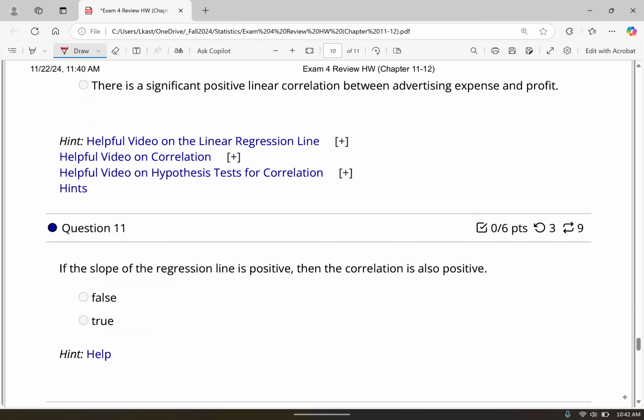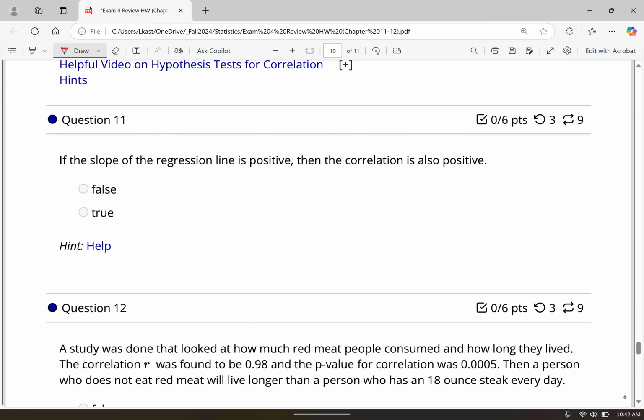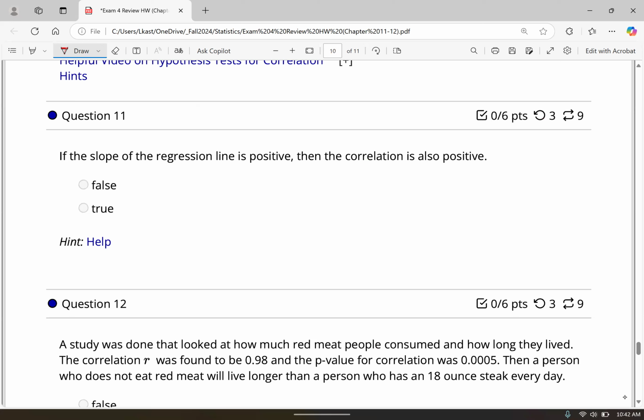So problem 11. If the slope of the regression line is positive, then the correlation is also positive. Slope and correlation must always have the same sign. So that is true.